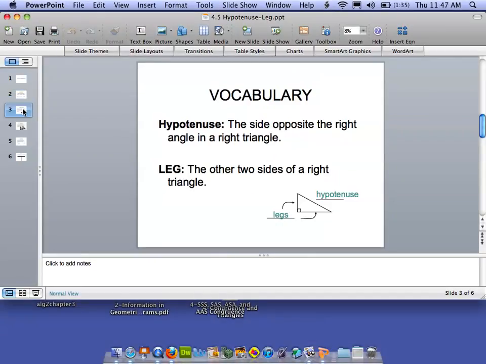So now we're going to go to right triangles specifically. And just to begin, I want to go back and review with you what a hypotenuse is and what a leg is. A hypotenuse is the side opposite the right angle in a right triangle. And you might also want to add the fact that the hypotenuse is always the longest side.